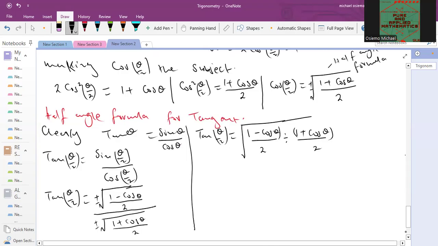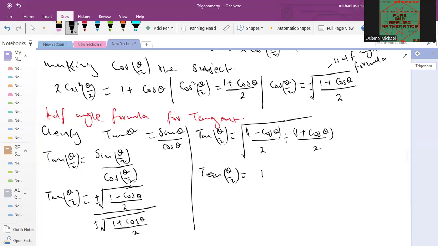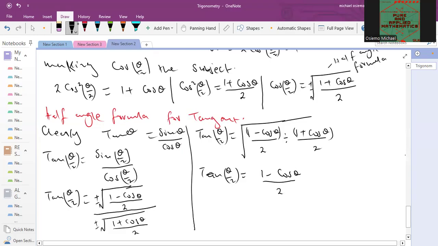So we change the sign, we get the reciprocal: 1 minus cos theta over 2 times 2 over 1 plus cos theta, and then you have the square root.